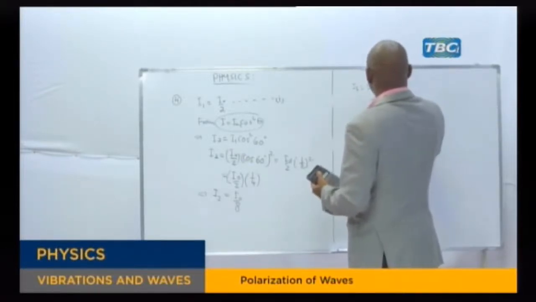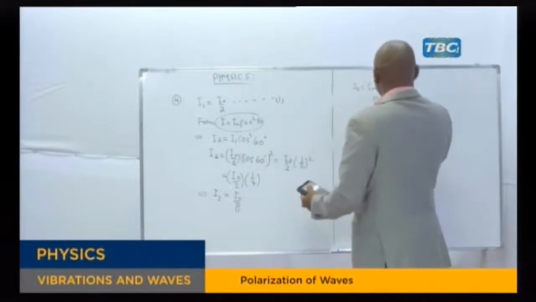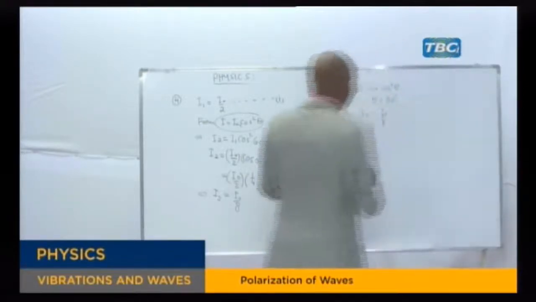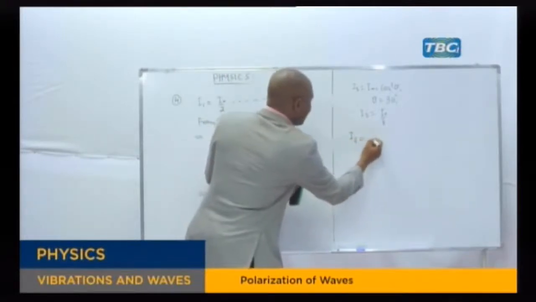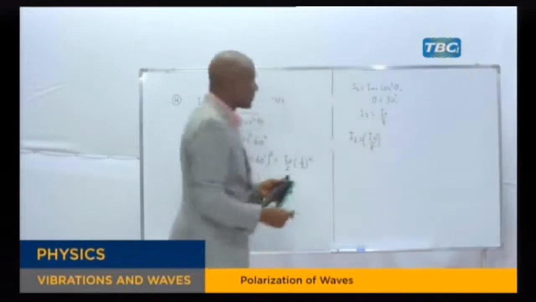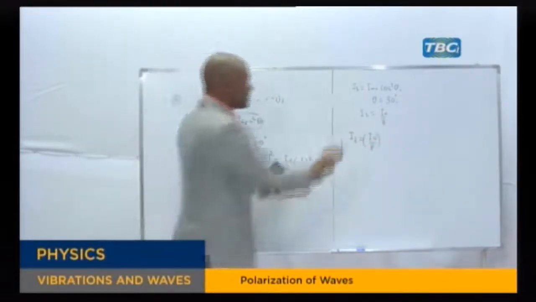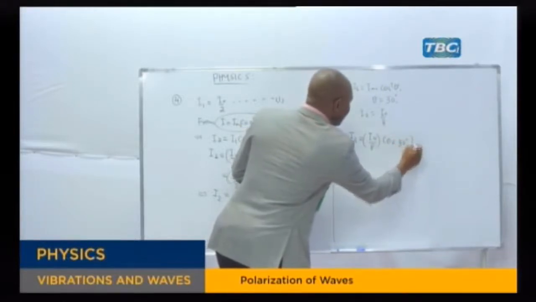You know this angle is given as 30 degrees, and our I2 is I naught over 8. So I3 equals I naught over 8 multiplied by the cosine of that angle in between, cos of 30 degrees, and then you square that.